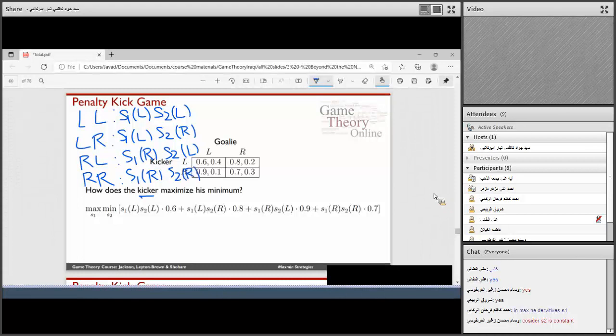Now is the time to ask you a question. What is the utility of the kicker, which is player 1, when both of them go to left? First of all, what number should I write here? What utility am I dealing with?